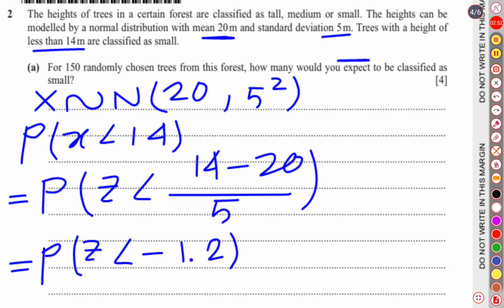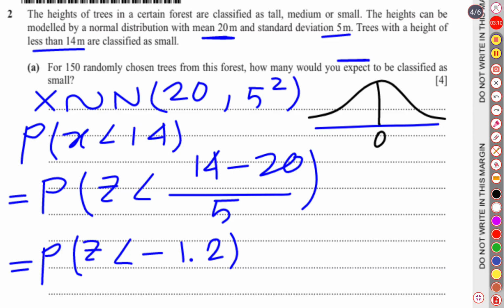Now through a graph, we will see what is the condition of the probability. So this is our normal graph. In this normal graph, normal graph is always symmetrical.